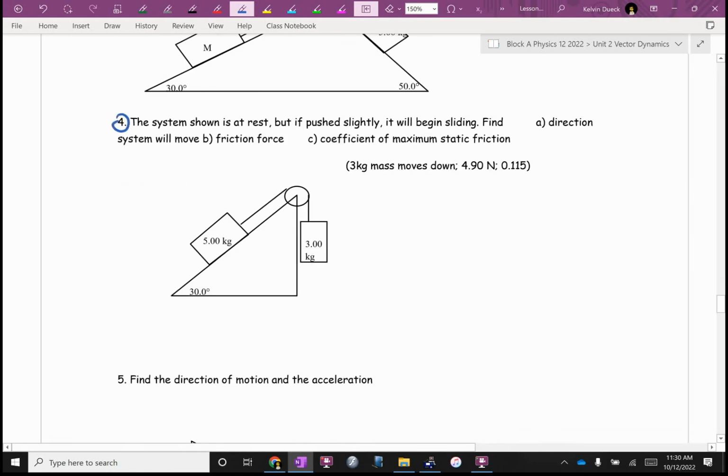Four is good. Now, four is saying it's at rest, but if pushed slightly, it will begin sliding. What you'll need to do first is figure out which way friction must be pointing to hold it at rest, and then you can assume A is 0 for the rest of the question because it hasn't started sliding yet.